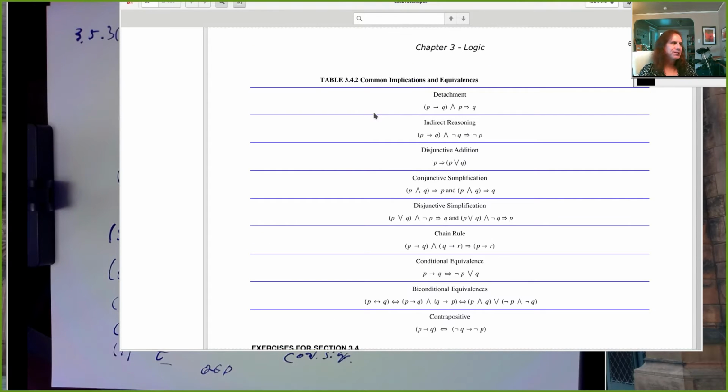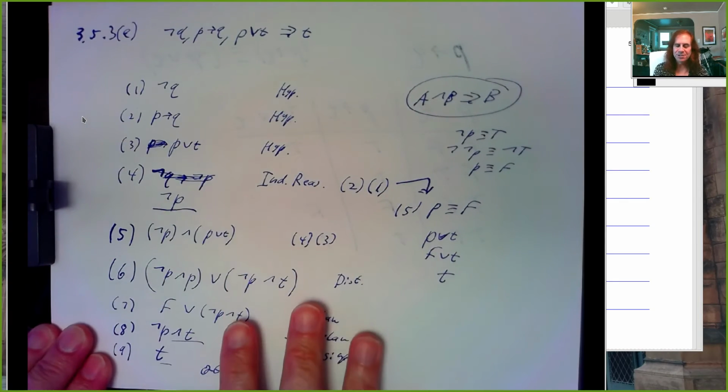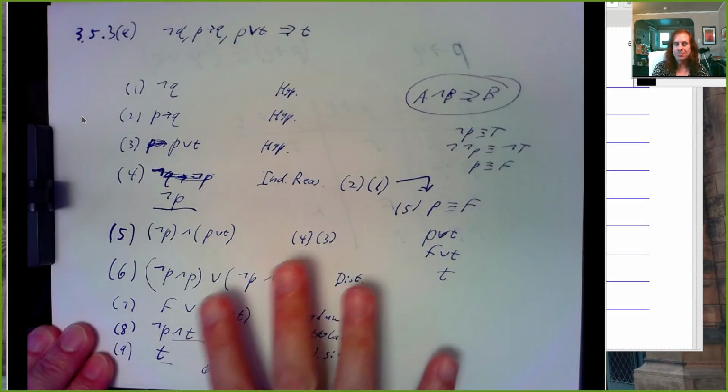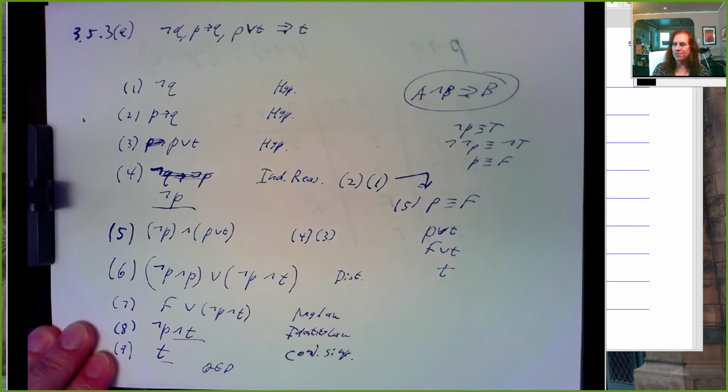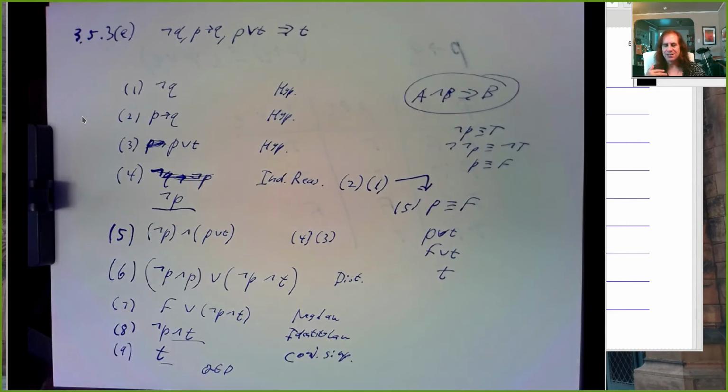And the more familiar you are with them, the more readily they'll come up in your mind when you're trying to do these proofs. But then there's a second level, which is the formal presentation of the proof, and that's a really important part. Once you know how to get from A to B, the drawing of that map for somebody else to read is a super critical piece of that.